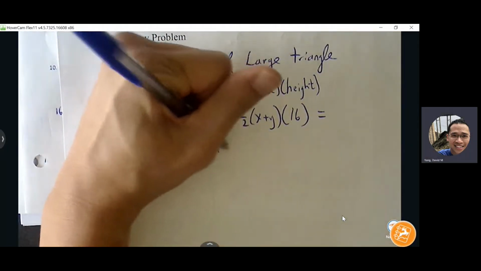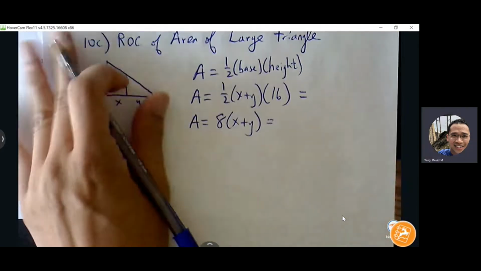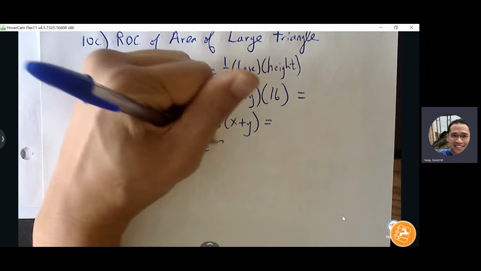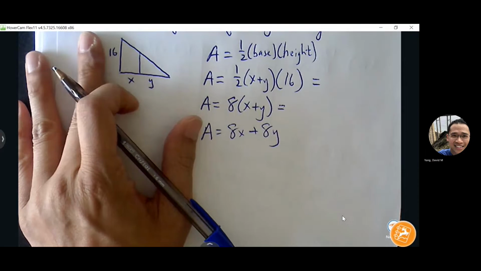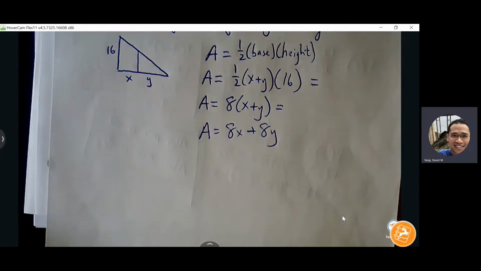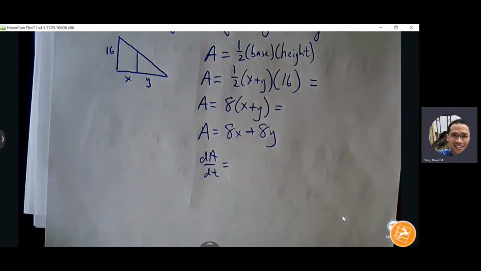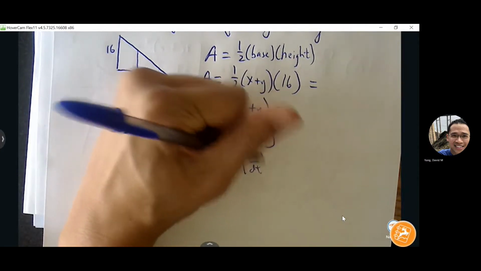Do some cleanup. Can I keep going here? Can I get rid of the parentheses? Distribute. Now I can find the rate of change of the area. A becomes dA/dt, 8x becomes, 8y becomes.